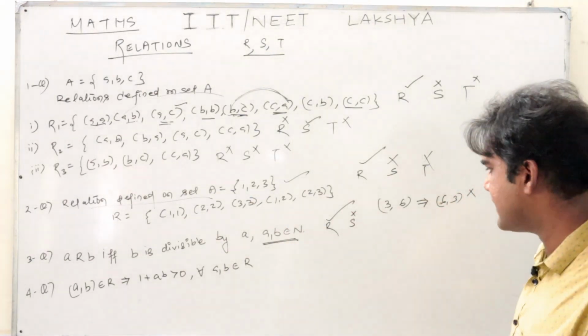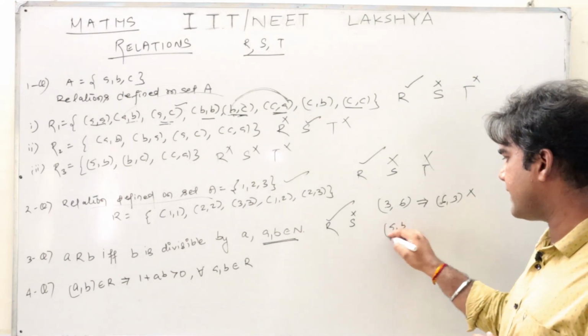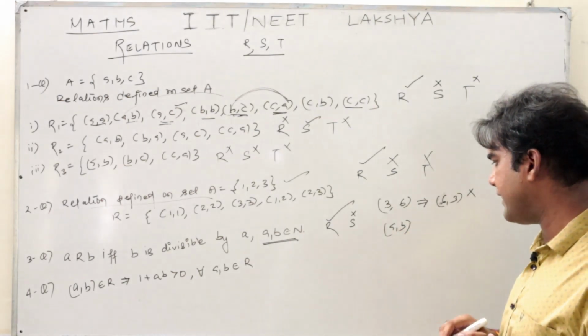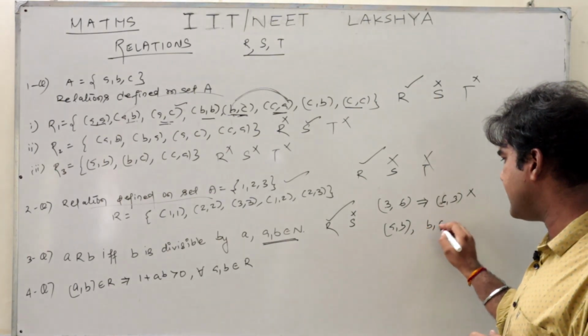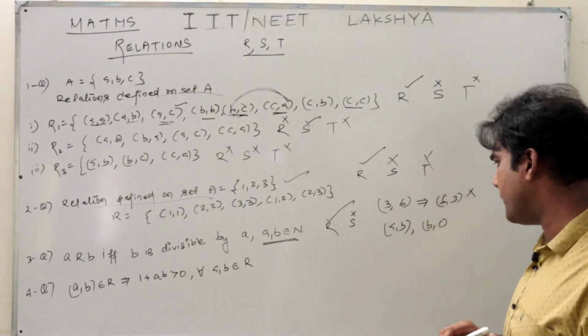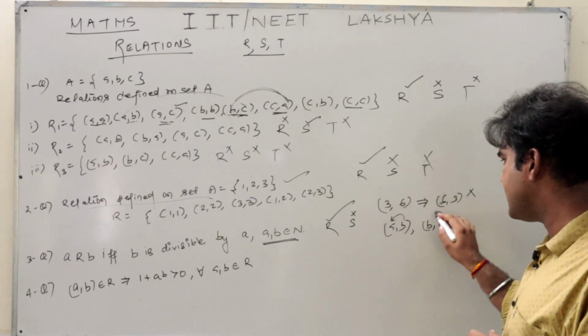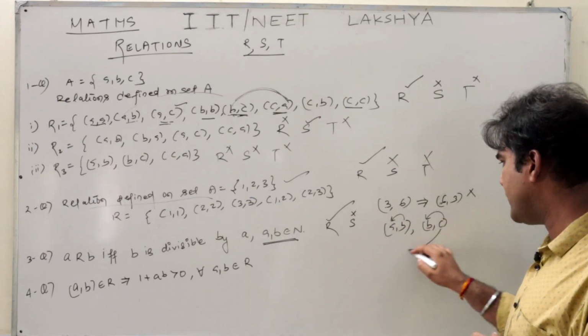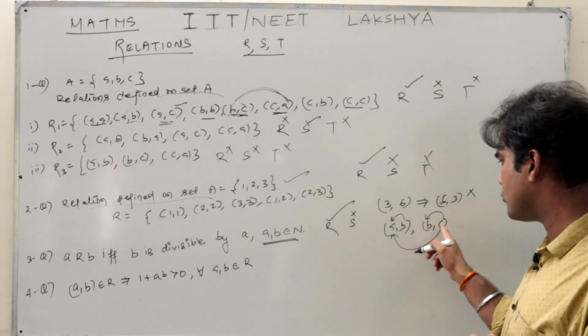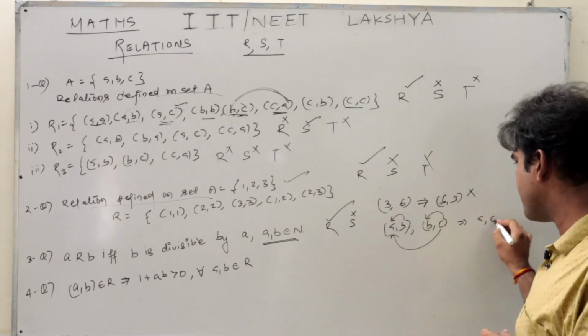What about transitive? If AB is there, that is B is divisible by A, and BC is there, that is C is divisible by B, then obviously C will be divisible by A. It means AC will also be there.